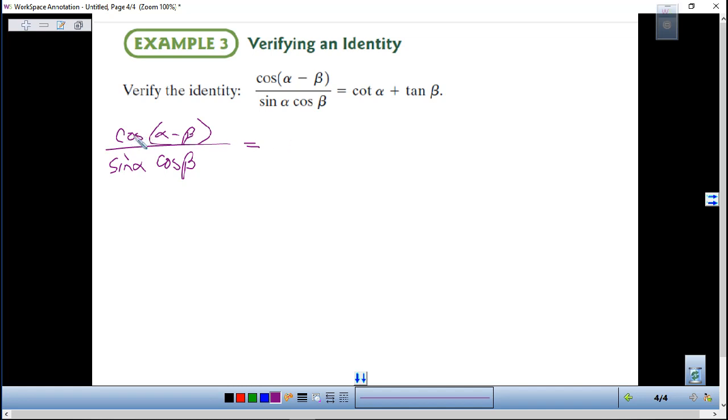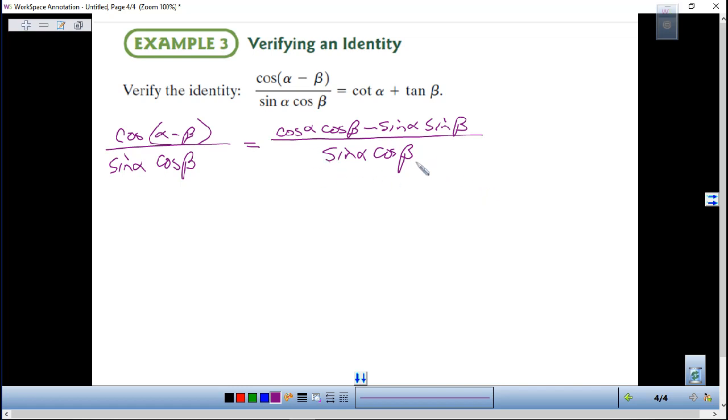So we're going to use the difference formula for cosine on top, and we're going to get cosine alpha cosine beta minus sine alpha sine beta, and we're going to divide that by sine alpha cosine beta.